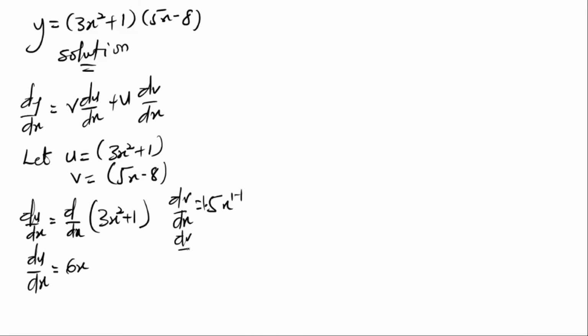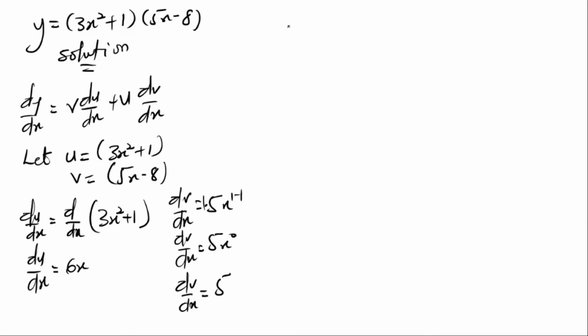So our dv/dx becomes 5 x raised to the power 0, and this dv/dx is equal to 5, because x power 0 is 1. So now that we have du over dx, then we have dv over dx, we now know what our u is, what our v is. We just go and then insert them into this formula.